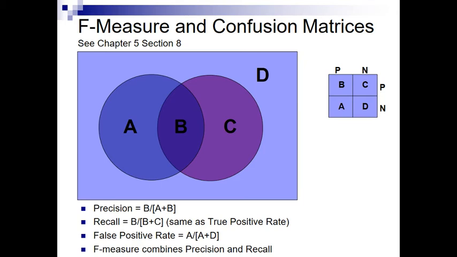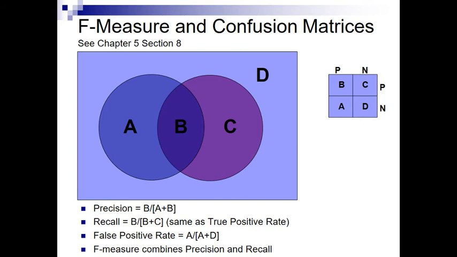So the column labeled P is everything the classifier labeled as positive, and N is all that were labeled as negative. So then now you can see A, B, C, and D as their cells in the confusion matrix. These A, B, C, and D correspond to the same sets of instances that the Venn diagram referred to. So it's really just 2 different graphical representations for the same thing.